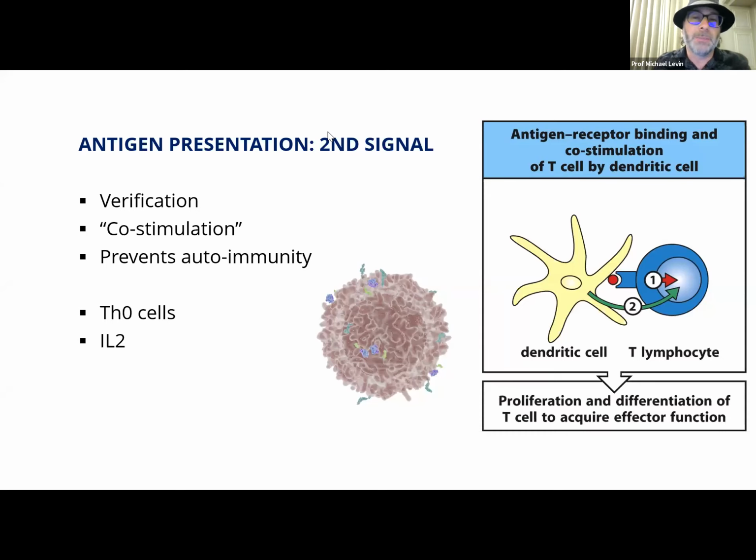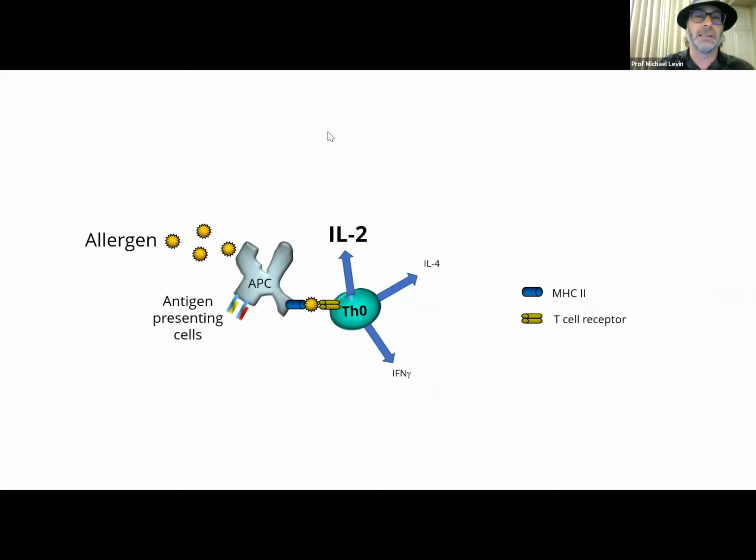At this stage, what happens is that the naive helper cell, that Th0 cell, decides that it's time for it to go to school. It's deciding what it's going to do when it grows up. So it gives itself and every other cell around it a message that, okay, I'm ready to be taught.